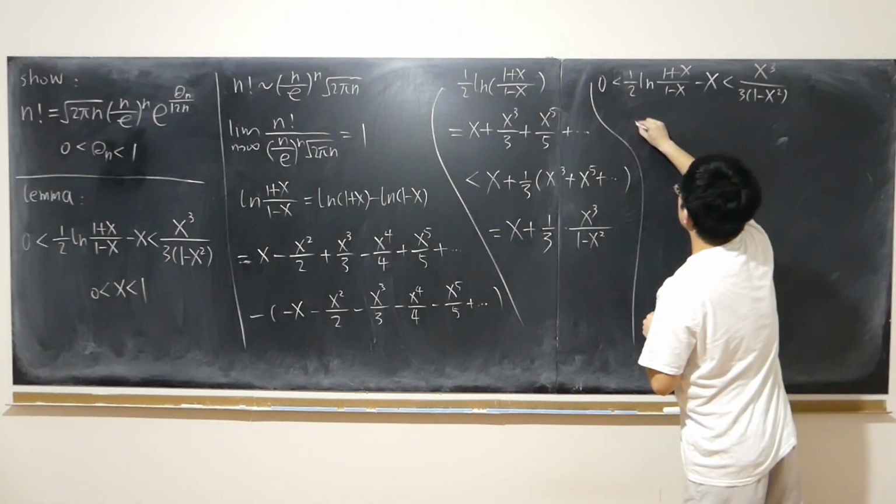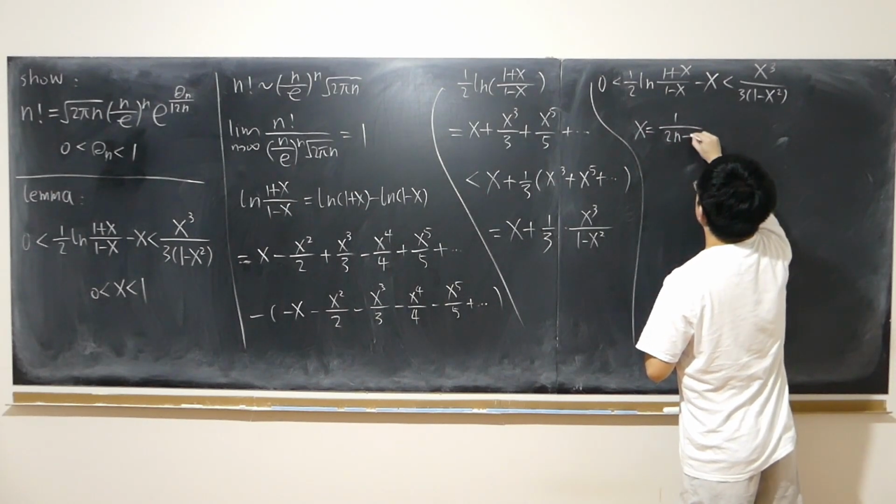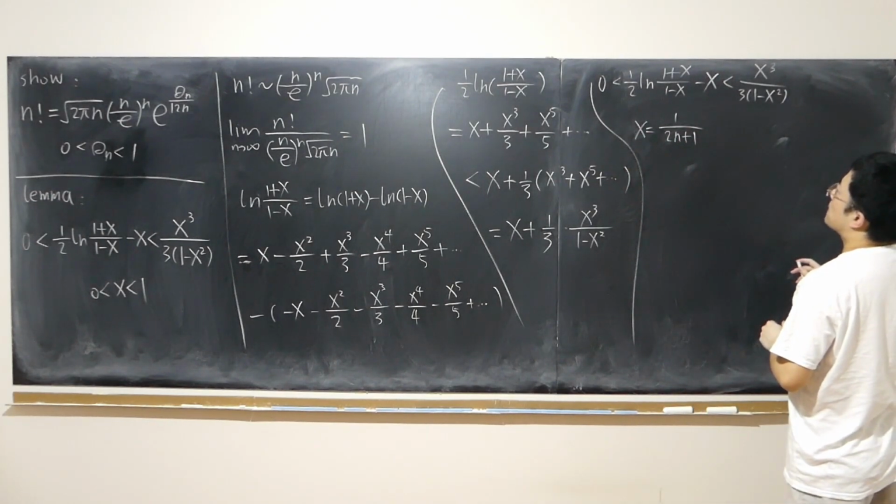So then I'm going to replace x with 1 over 2n plus 1 and see what we get.